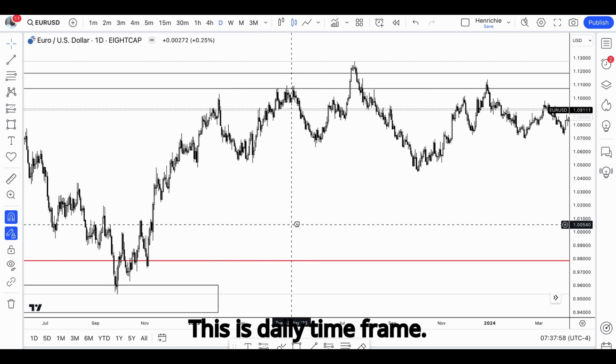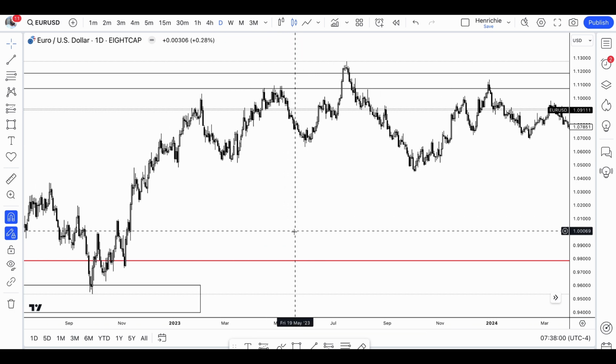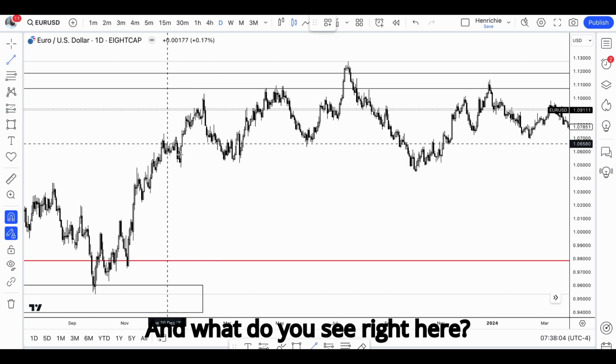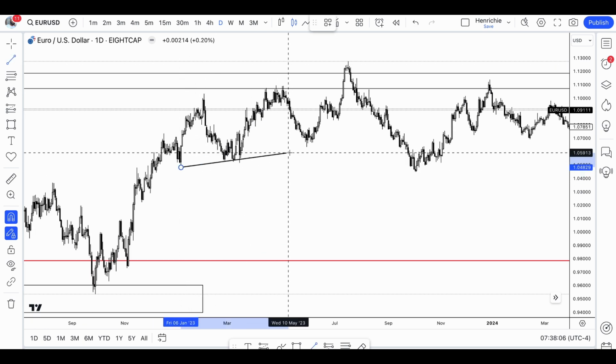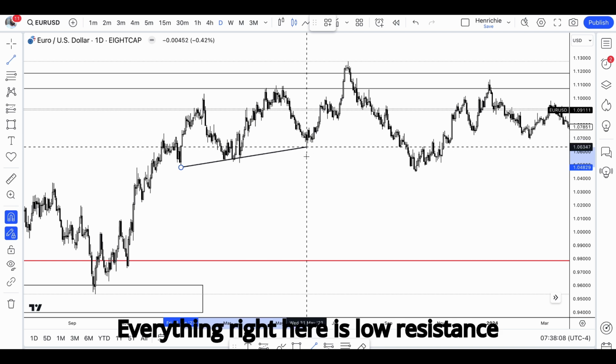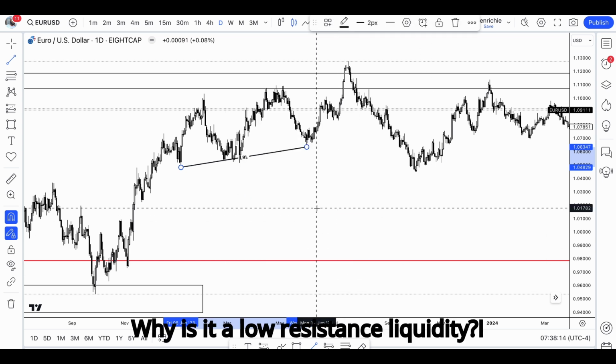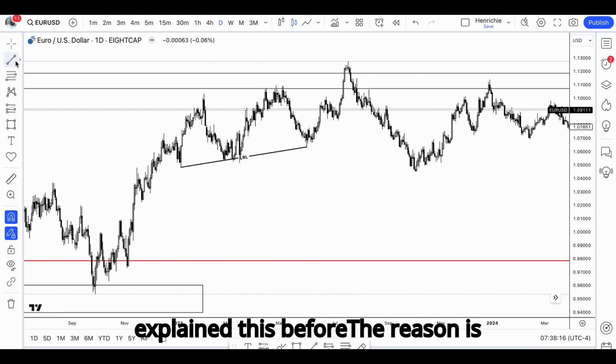This is the daily time frame. This right here is a daily time frame. And what do you see right here? Everything right here is low resistance liquidity. Why is it low resistance liquidity? I explained this before.